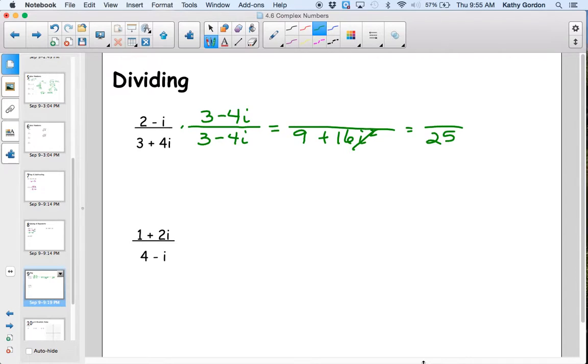Wouldn't it be 9 minus 16 because plus 16 is? It was minus, right? Minus 16i squared. You wrote the third one wrong. That's why I got confused. Because it's supposed to be minus 16i squared. It was. Let me go back a few steps here. Right? That's what I wrote.